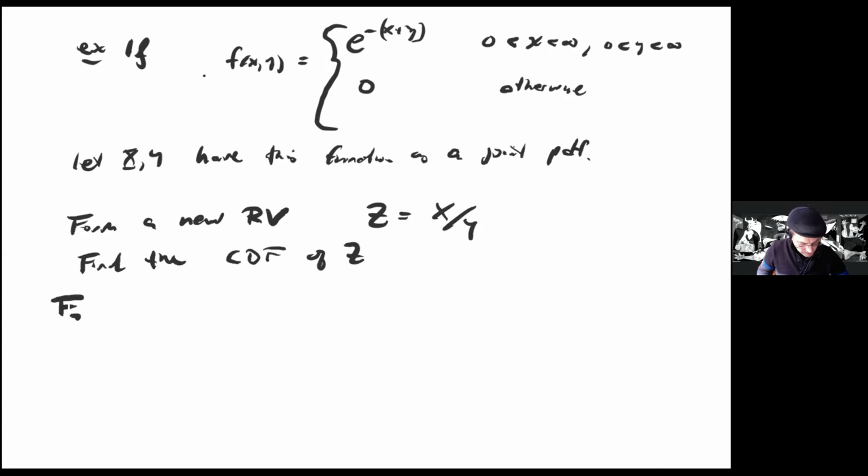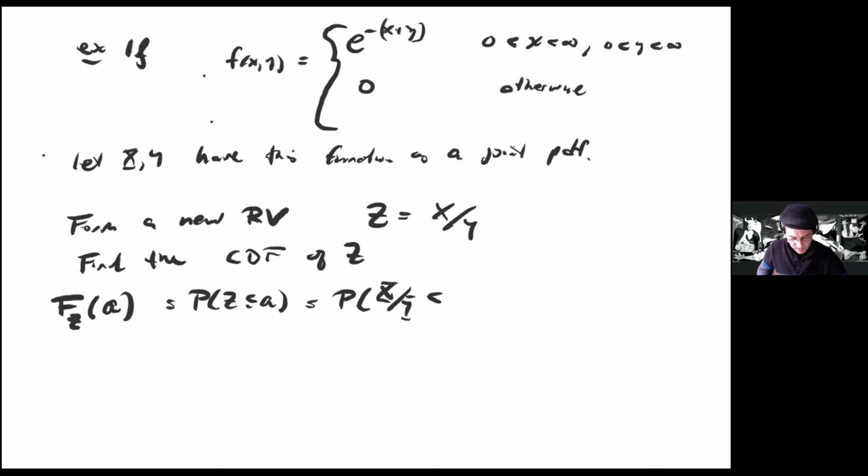The cumulative distribution function of Z at a number A is the probability that Z is at most A, which is the same as the probability that X over Y is at most A, which is the same as the probability that X is less than or equal to AY.